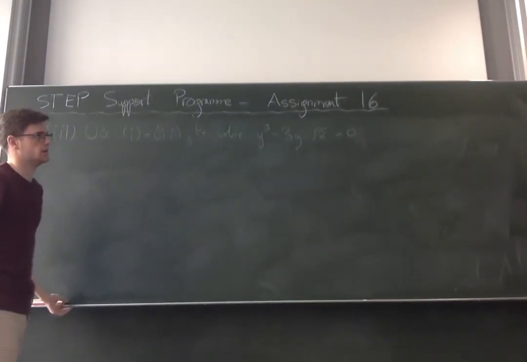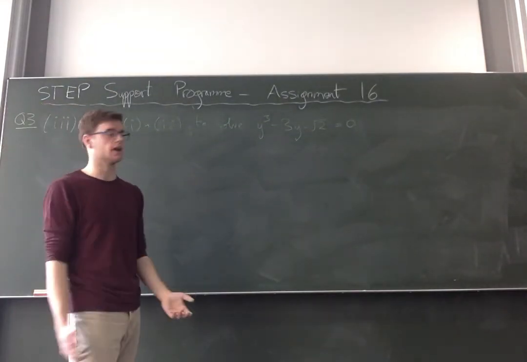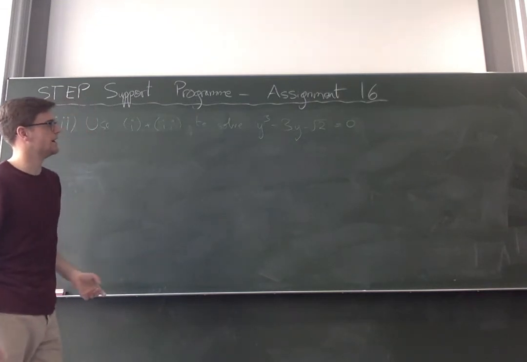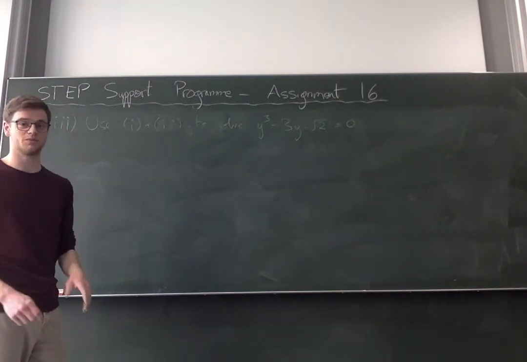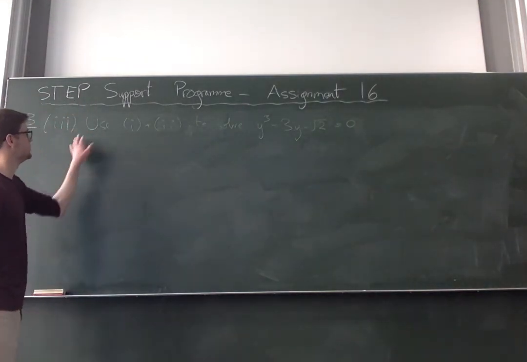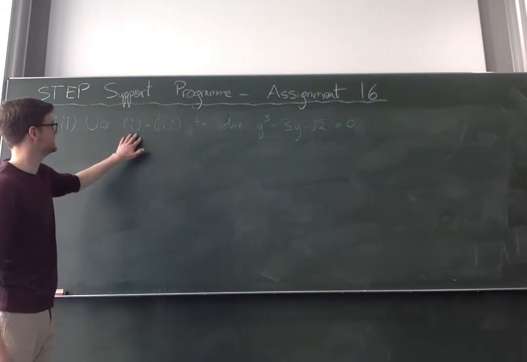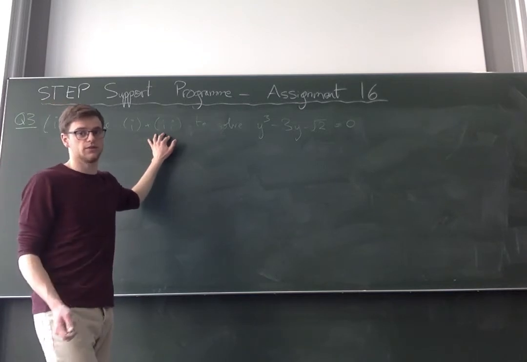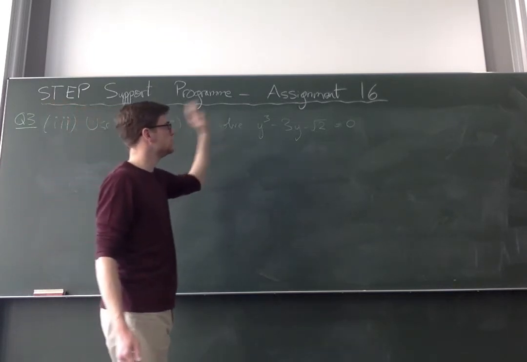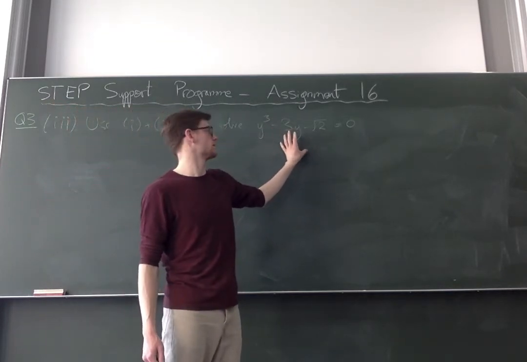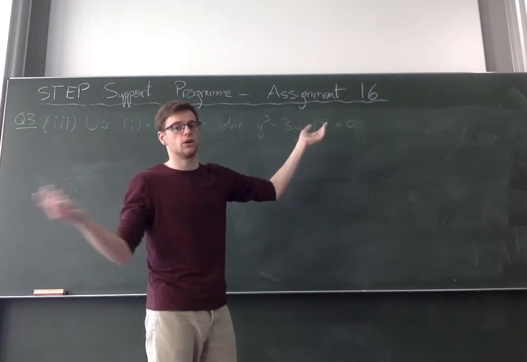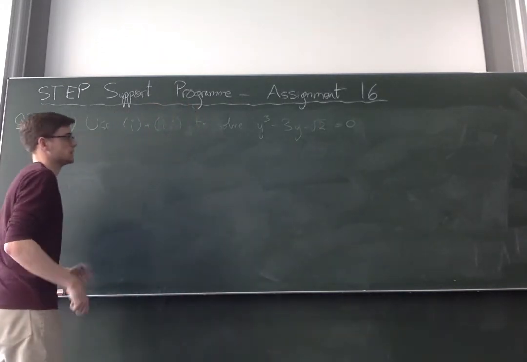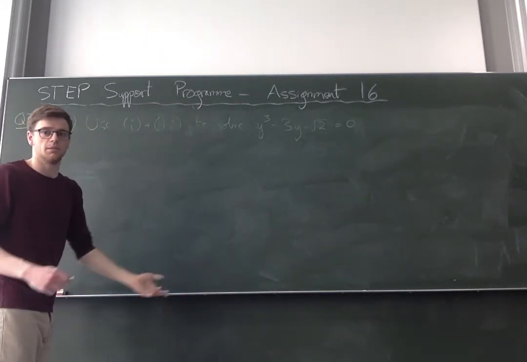Now, there may be different ways to come up with trying the first thing that we're going to try here, but the stupidest, most foolproof, and most sensible way, really, is the fact that we've been told to use parts 1 and 2. Now, in part 1, we figured out what cos of 15 and sin of 15 were. In part 2, we found the roots to a cubic that looked a bit like this, in terms of cos of alpha and sin of alpha. So I'm just going to try alpha equals 15 in part 2.